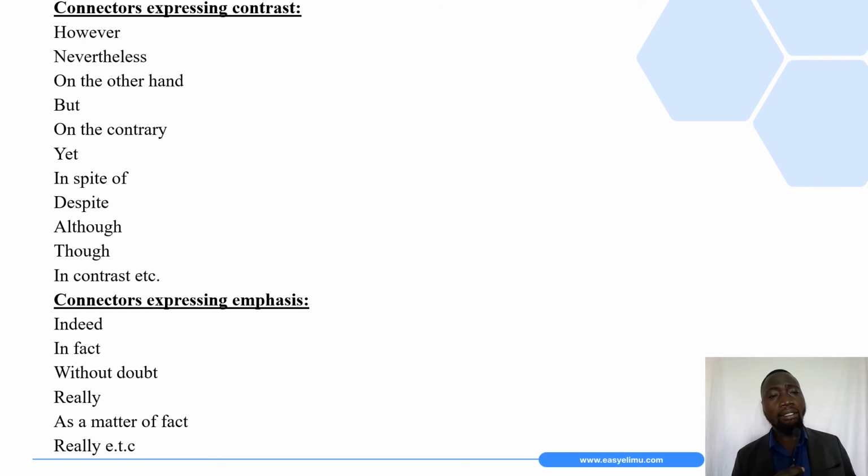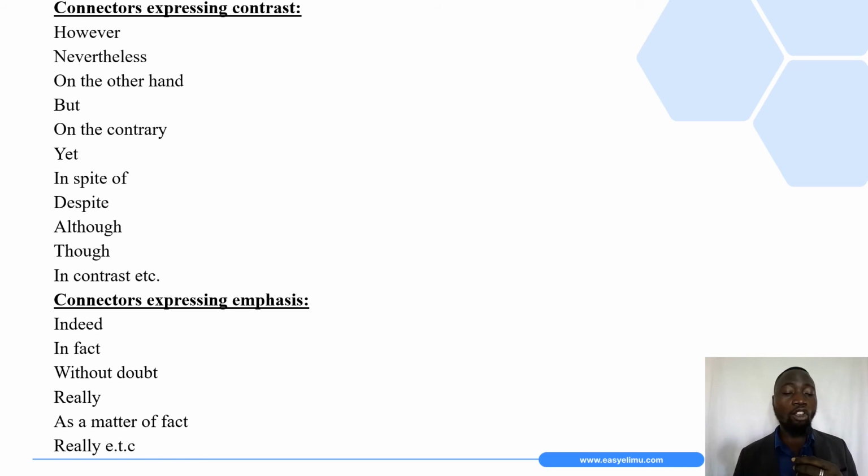Another group of connectors is the group used to express contrast. In this group, we have connectors such as however, nevertheless, on the other hand, but, on the contrary, yet, in spite of, despite, although, though, in contrast, and so on.